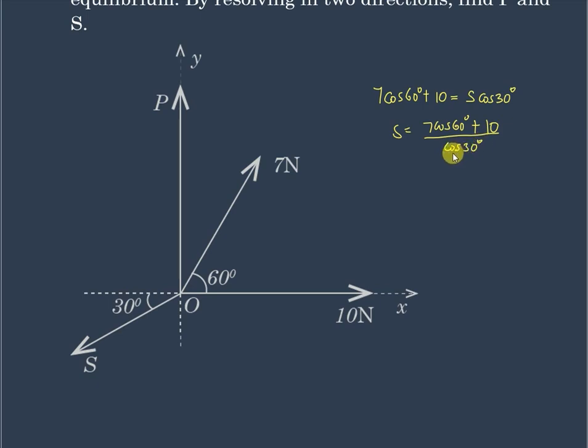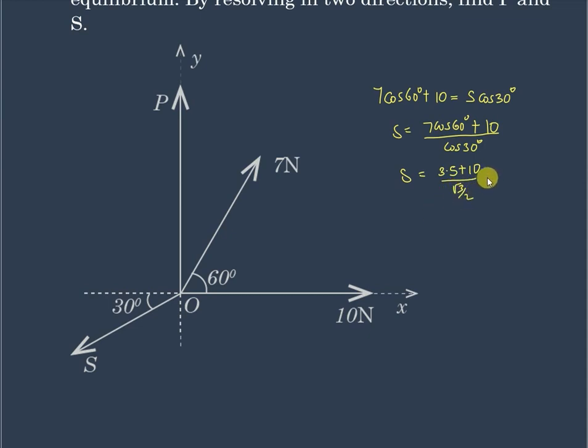When I work this out, first of all, cosine of 60 is a half, so this is 3.5 plus 10, divided by cosine of 30, which is root 3 over 2.